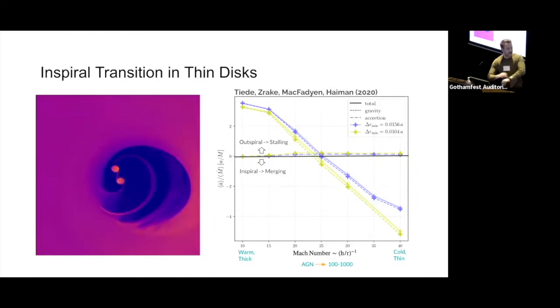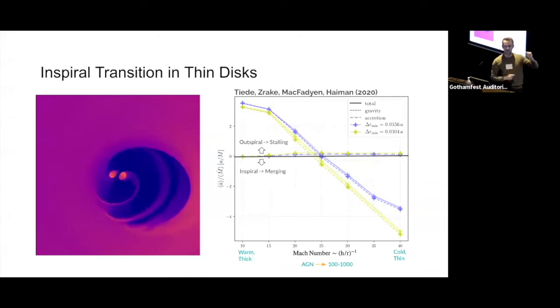Yeah, definitely. So what we found is that if you look at the time average structure of the cavity, it actually has this characteristic egg shape where the nearer sides are in quadrants that give you negative torques, and the farther sides are in quadrants that give you positive torques. This characteristic structure gives you a net negative torque on the binary, but it competes with positive torques from the mini disks.